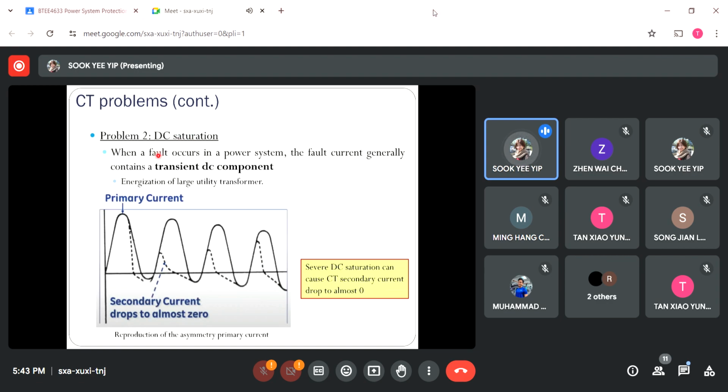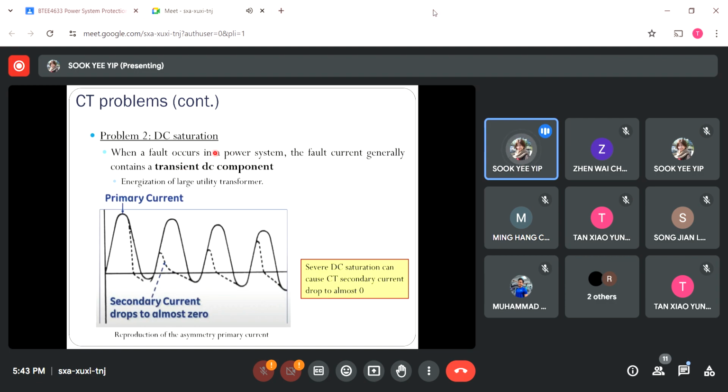So whenever we have a short circuit occur within the power system, if you measure the fault currents, you will notice that the first cycles of the current waveform are actually accompanied with a DC component, which occurs in a transient manner, which means that it will slowly decay to zero once it reaches the steady state conditions.